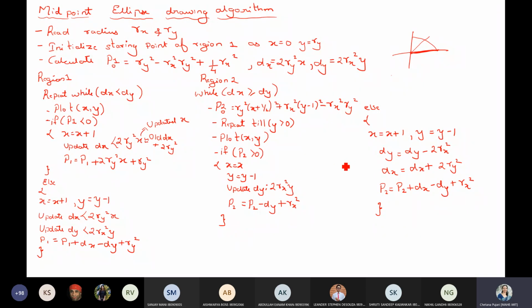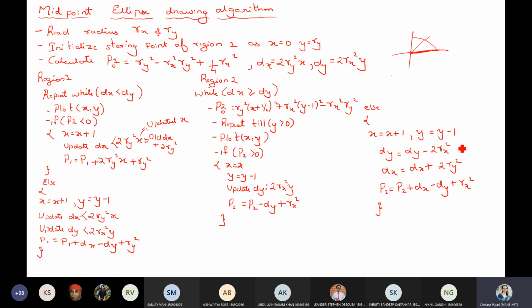Because your y is decremented whereas x is incremented. So we have done 2 into ry square while you are incrementing the value of your dx, whereas when you are dealing with dy, because the y value is decremented at every iteration, you need to decrement. So dy minus 2 into rx square.